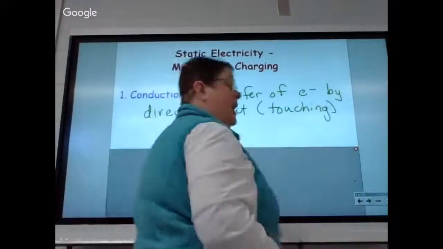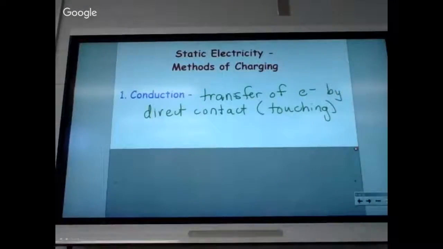Now, the only thing I changed in the definition is instead of saying the transfer of heat, I said the transfer of electrons. Because this time, instead of talking about heat, we're talking about electricity. So I subbed out the word heat, and I put in electrons. That's all we changed.